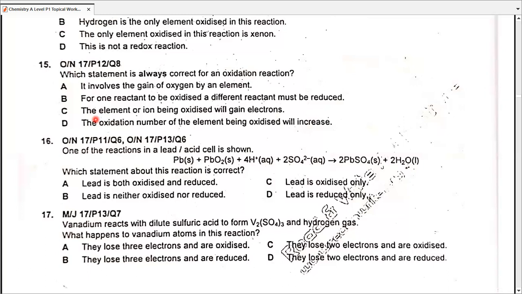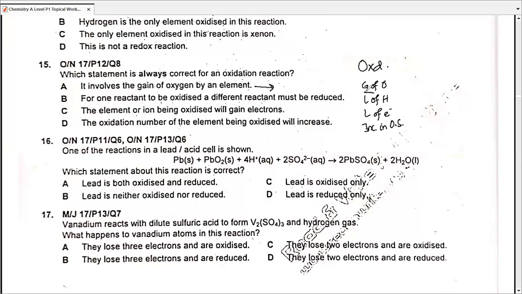Delta? Great, delta. Okay, remember, it doesn't exactly have to be oxygen every time. Oxidation can be a gain of oxygen, a loss of hydrogen, a loss of electron, or an increase in oxidation state. These are the 4 ways we defined.